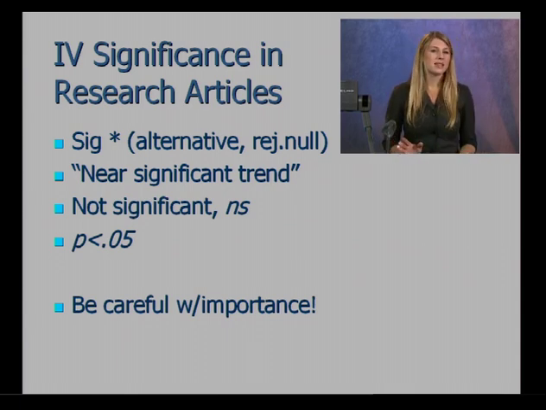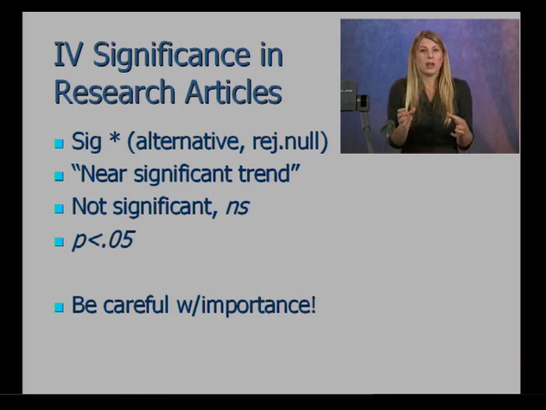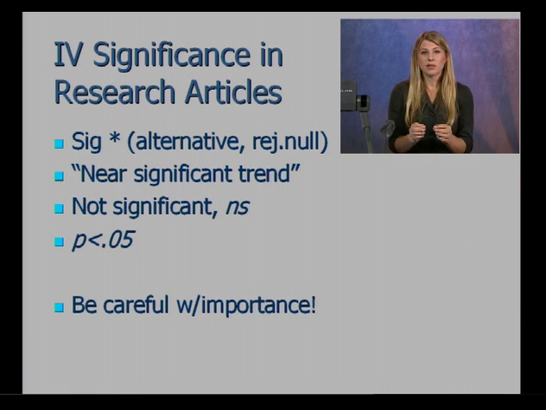So significance has nothing to do with how big of a difference you find in your groups. It just has to do with your conclusions about the population based on your sample information. The conclusion that whatever this effect is, whether it be small, big, moderate, this effect is not likely due to chance. It's more probable that this effect is due to some alternative hypothesis.